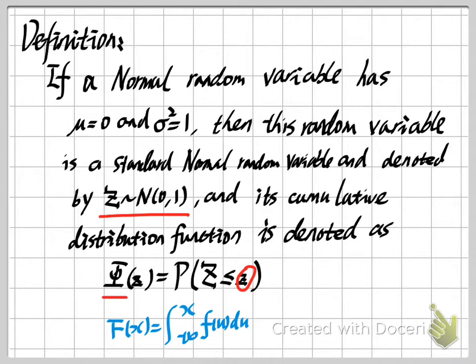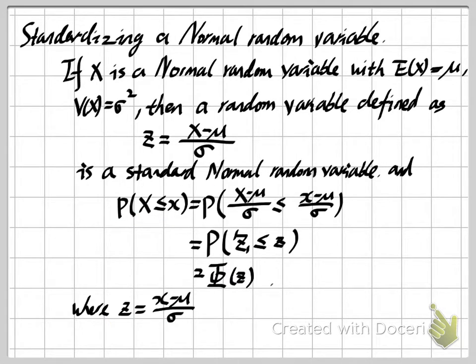So when people try to find a probability of a normal random variable, they rewrite this normal random variable as a standard normal random variable. The way to write this looks like this. Assume we have a normal random variable X, and this random variable has a mean denoted by mu and a variance denoted by sigma squared.